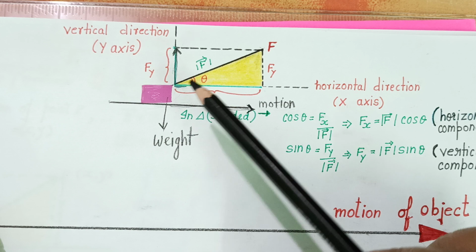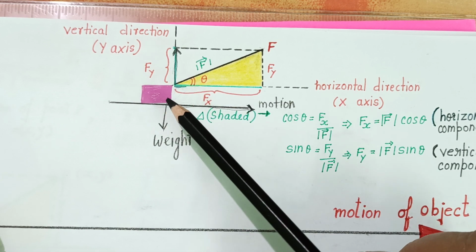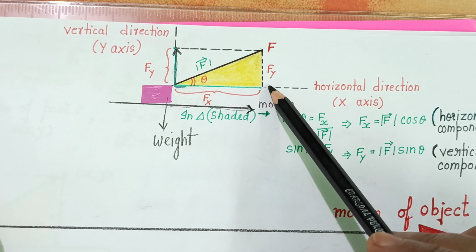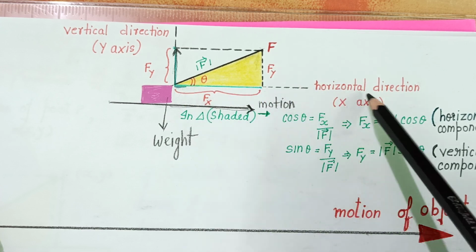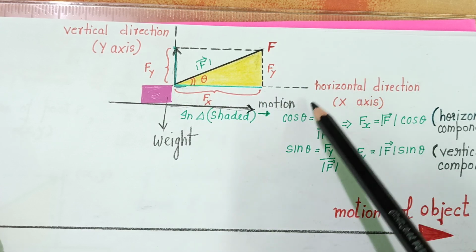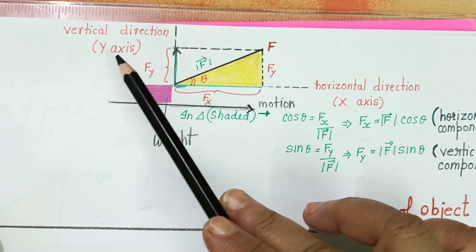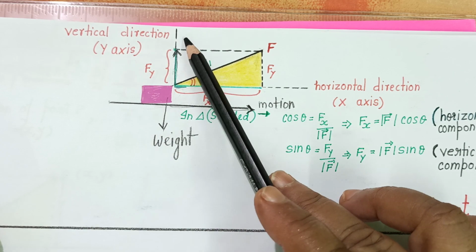and since we have to deal with the simple cases only, we can say that the horizontal direction is along x-axis, and the vertical direction is along y-axis.